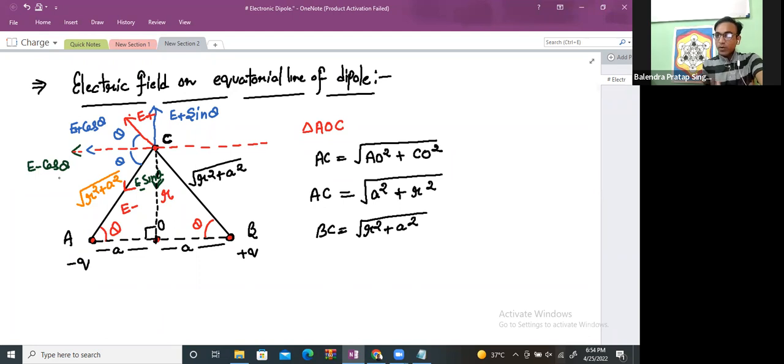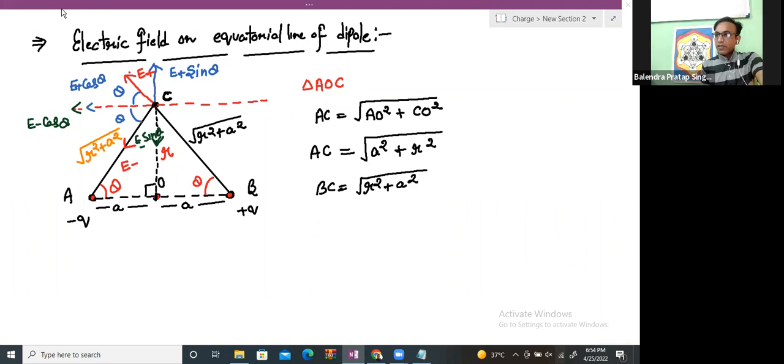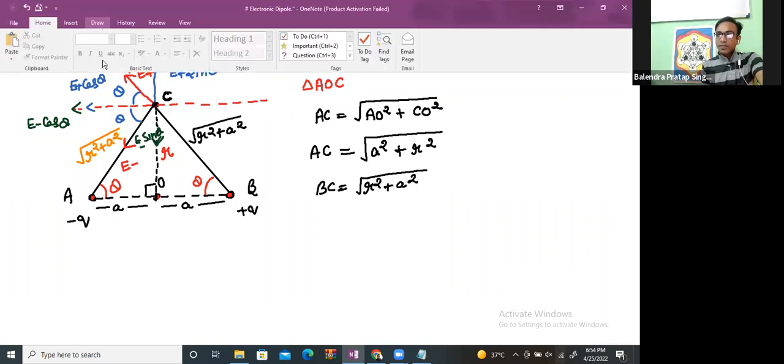Okay, we have two components of electric field. So the next part is what is the value of E minus, the electric field due to the minus charge? You can find the value of E minus.